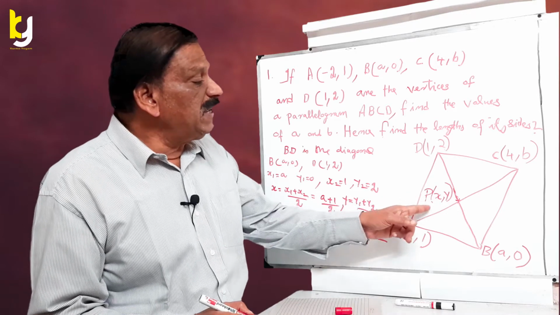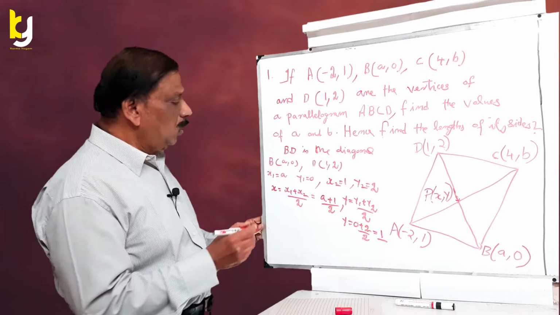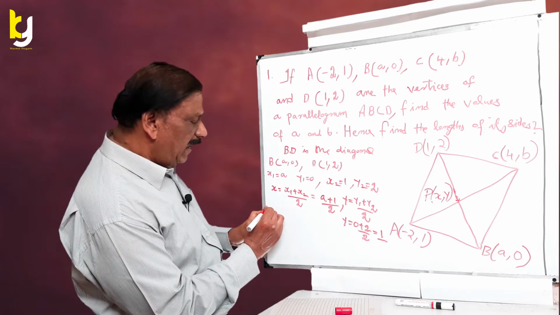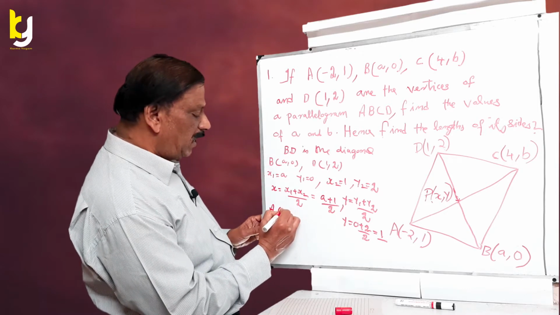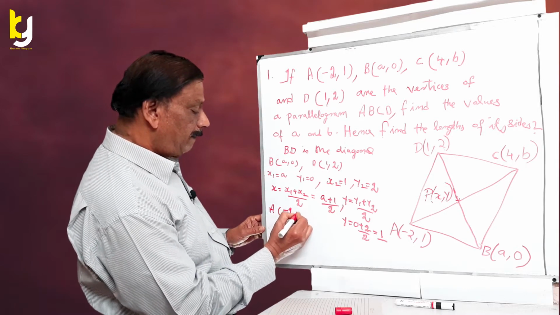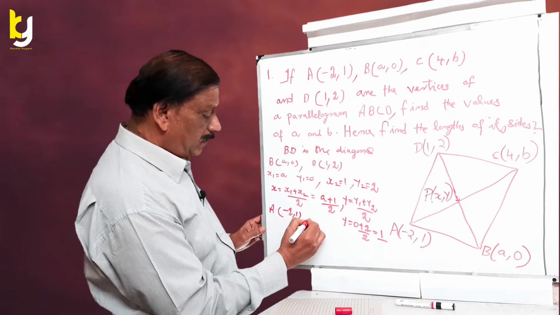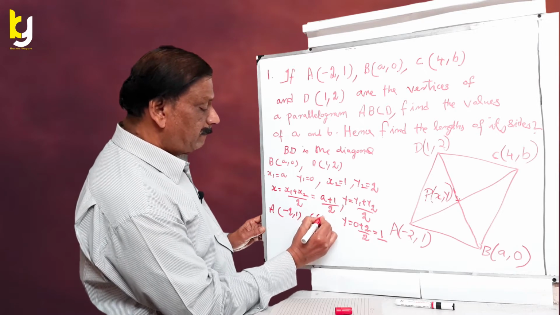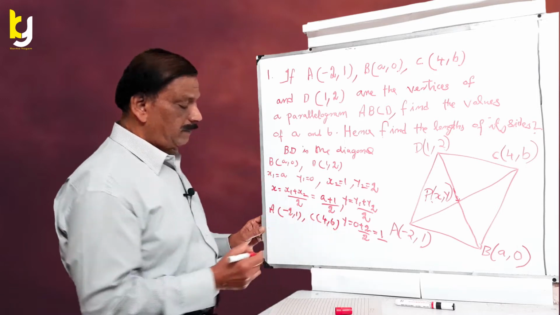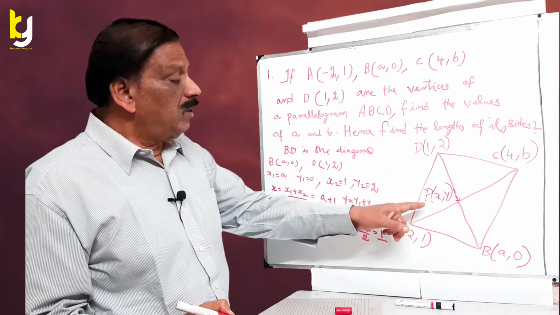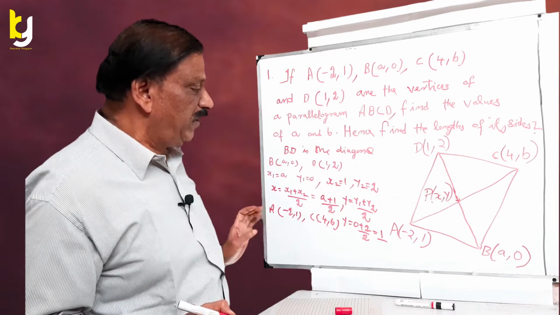Similarly, P is also the midpoint of the diagonal AC. The coordinates of A are (-2, 1), the coordinates of C are (4, b). So P is also the midpoint of the diagonal AC.